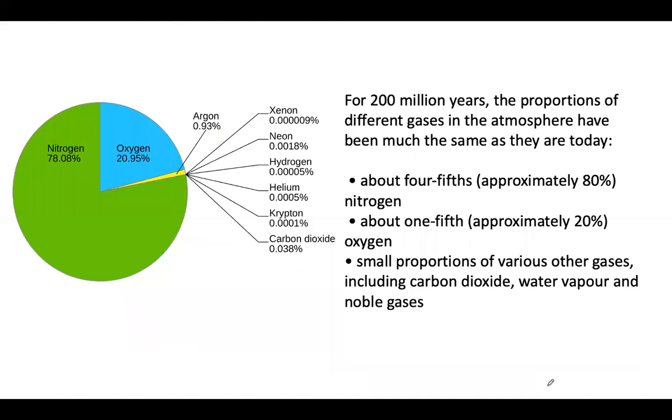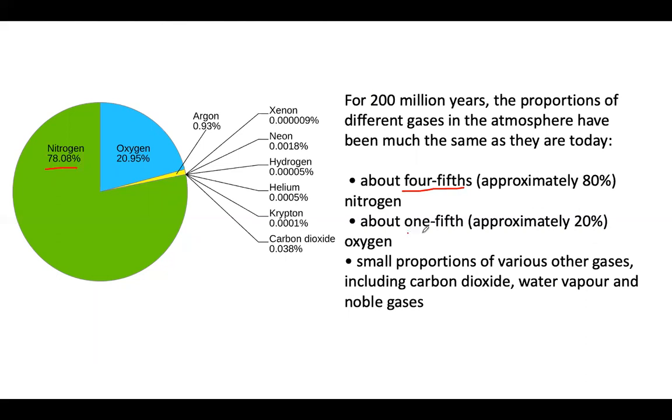Okay, so this unit is about how the atmosphere has changed over time. And it hasn't actually changed that much for the last 200 million years. The proportions are relatively the same. We have a little bit more carbon dioxide, but not that much more. So approximately 4/5, so approximately 80%, but it's actually closer to 78%, is nitrogen gas.